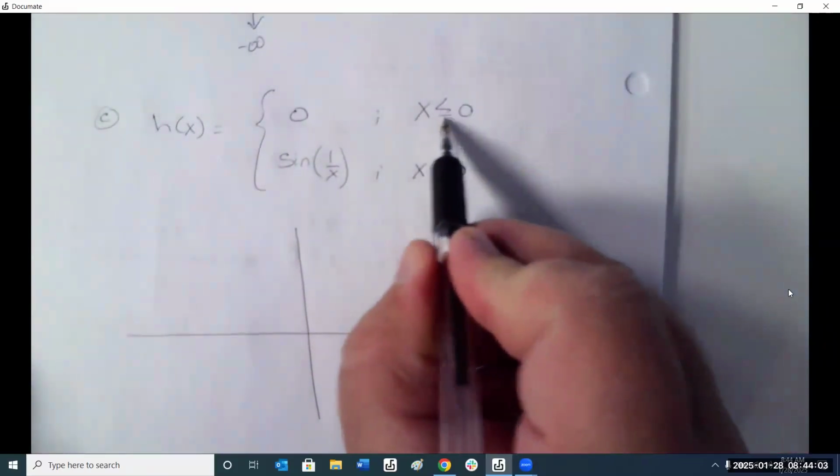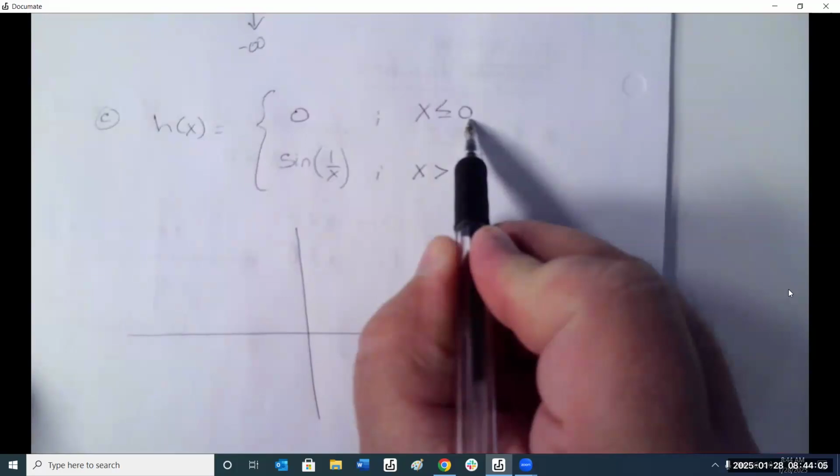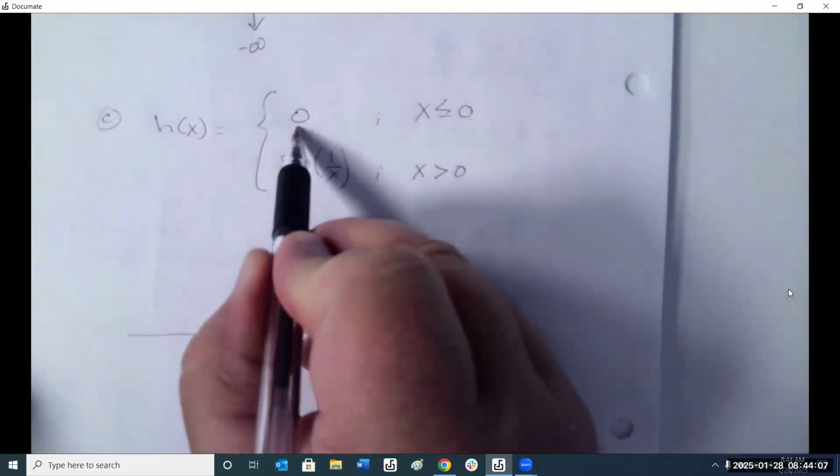When x is less than or equal to 0, our value is 0.